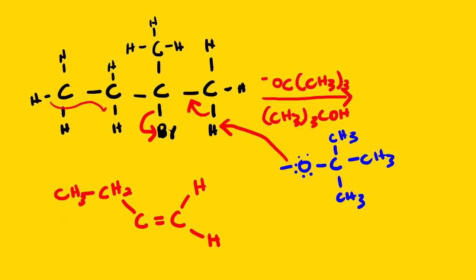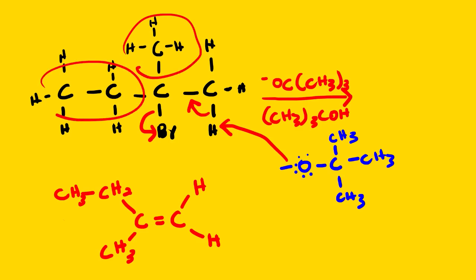It's actually this part, and then here it will be CH3. Don't be confused, this CH3 is this one, and then the CH2CH3 is this one. Then this is the carbon that we are looking at.